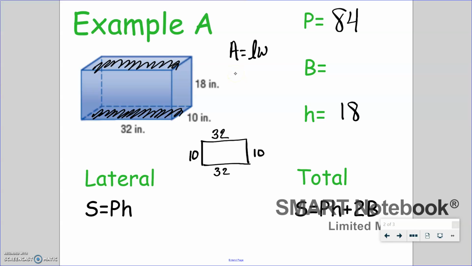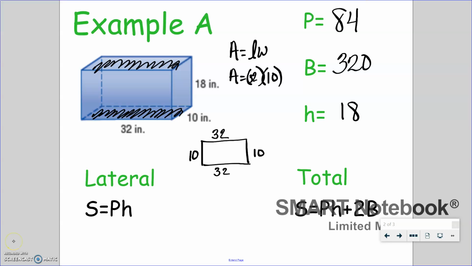So to find big B, I'm going to do 32 times 10. You get 320. Now that we know what the perimeter of our base is and we know what the area of our base is, we can go ahead and solve for lateral and total surface area.